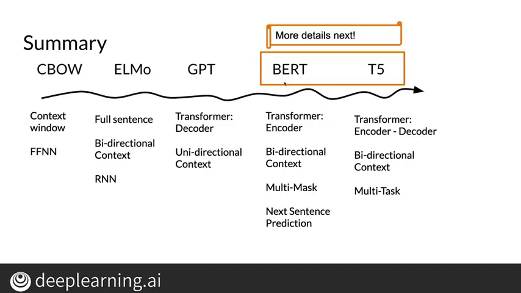Then you've seen BERT, which makes use of bidirectional encoder representations from the transformer, and it also makes use of multi-mask language modeling and next sentence prediction. And then you've seen the T5, which makes use of the encoder-decoder stack and also makes use of masking and multitask training.